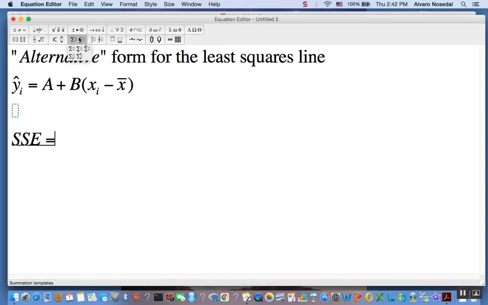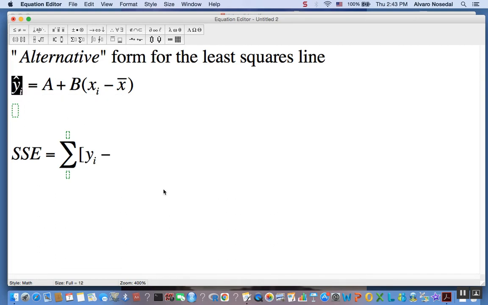It's just the difference between your observations, yi's, and predictions. You square those differences and then you add them up for every single observation in your data set. So the criterion is minimizing this.